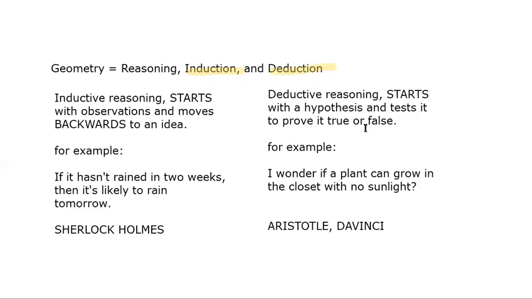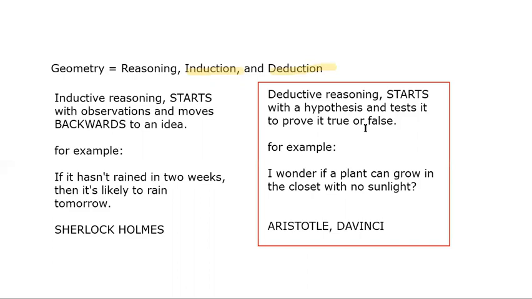Aristotle and Da Vinci used this type of reasoning. Scientists use this type of reasoning. This is the type of reasoning that we are going to use the most in geometry, deductive reasoning.